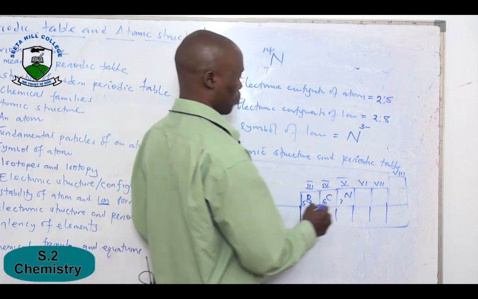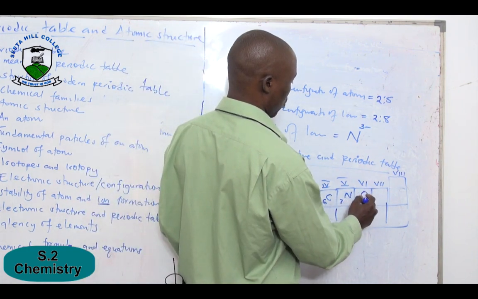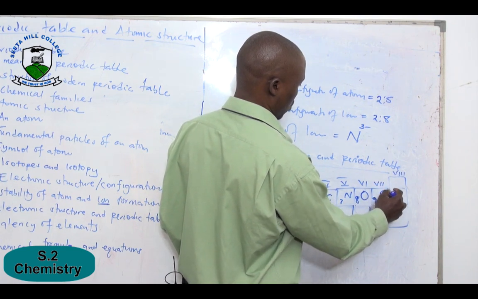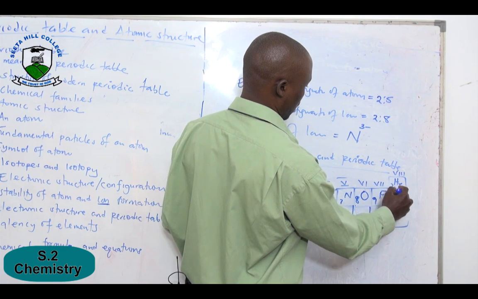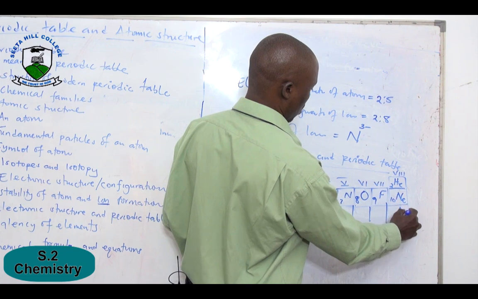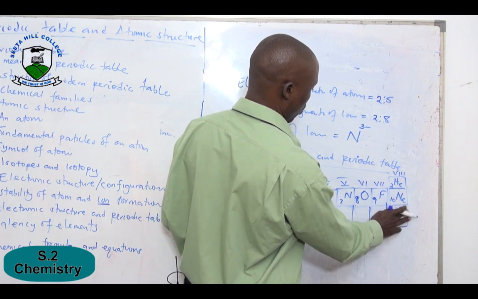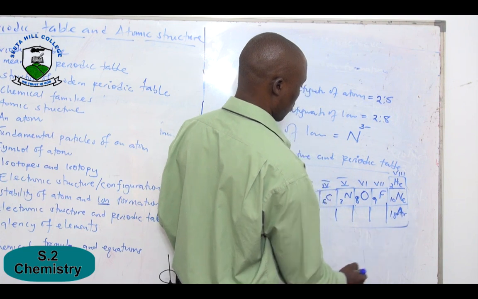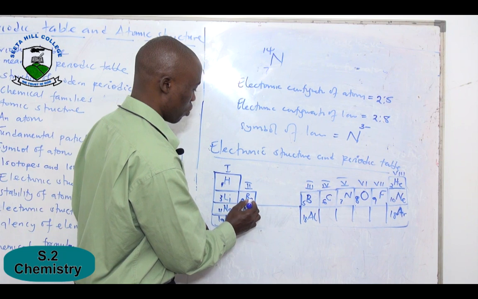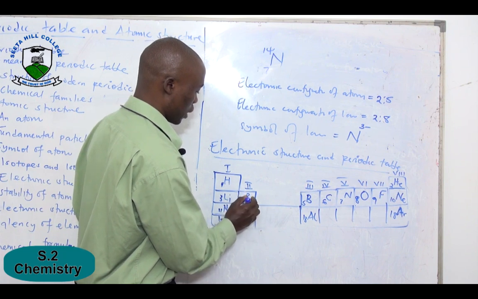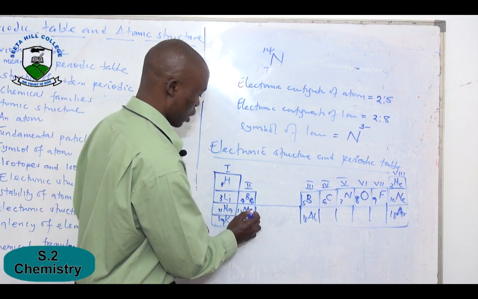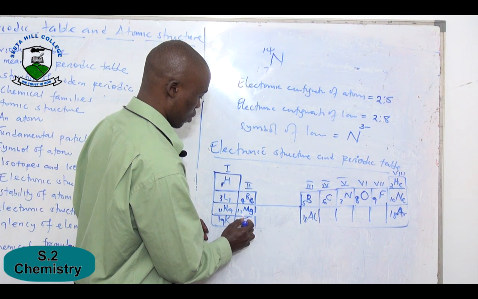Is that fine? Now don't join the symbols. When you're writing these symbols, if there are two letters, you separate them very well, because you will not be accepted to write conventionally when you have joined the symbols.